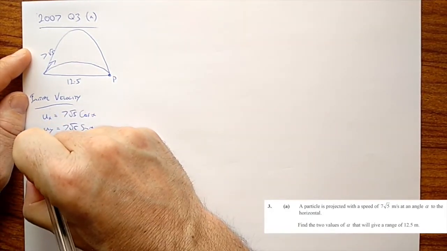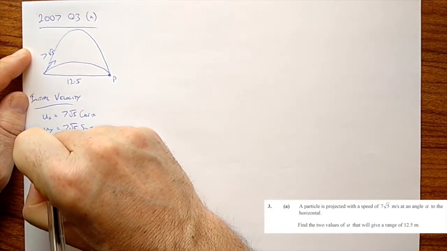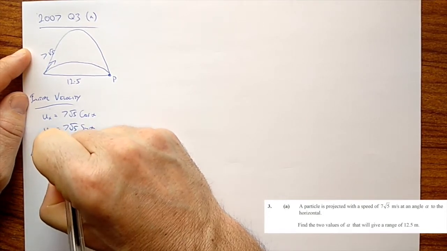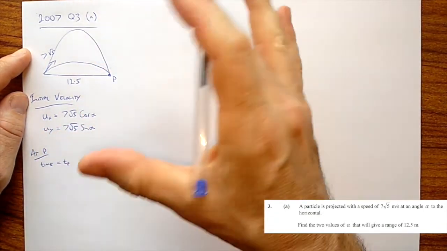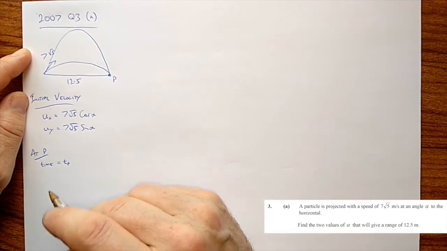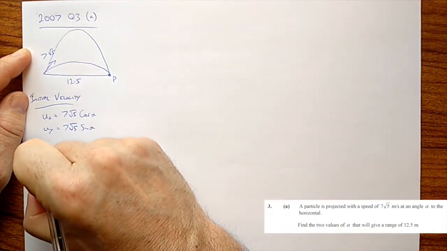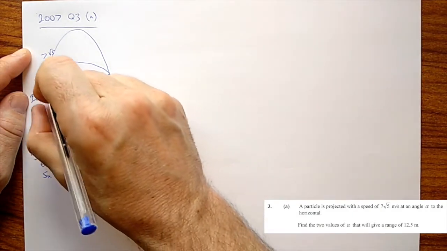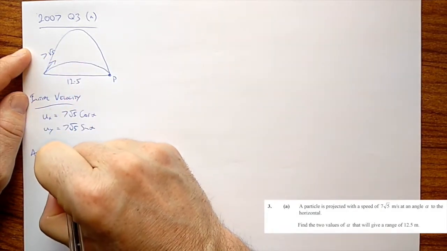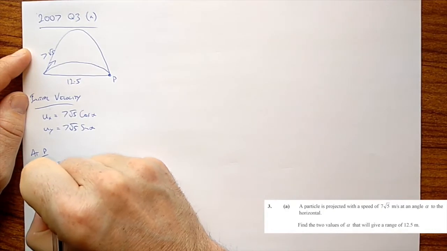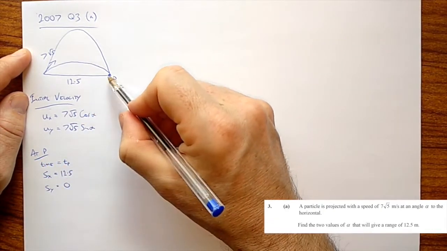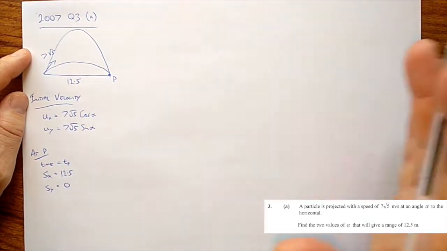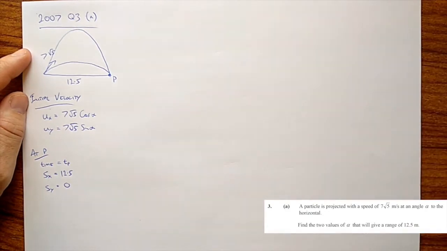I'm going to call time equals Tp, because again, t is a variable in some of these ones. In this case, we're looking at t at a specific point. Sx, the distance in the x direction, is going to be 12.5, and Sy is 0, of course, because we're back on the ground again. So these are little bits and pieces we can know and work off.